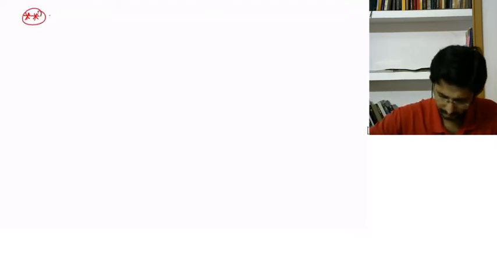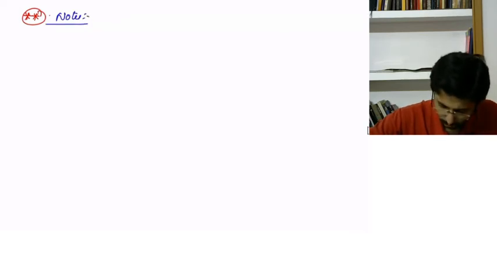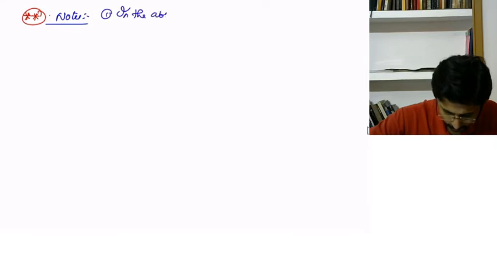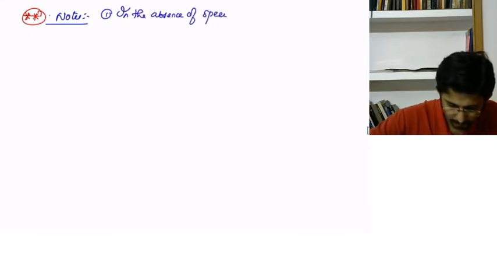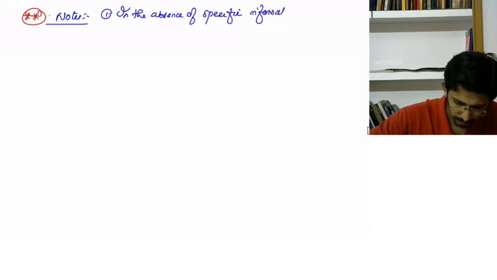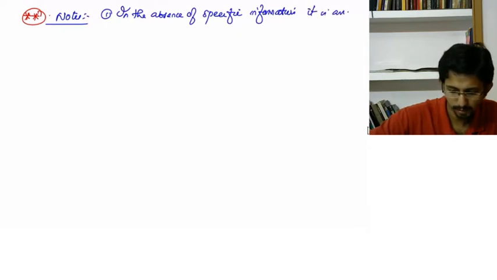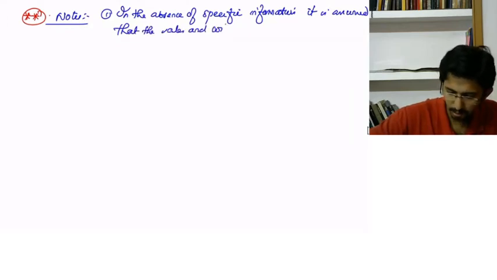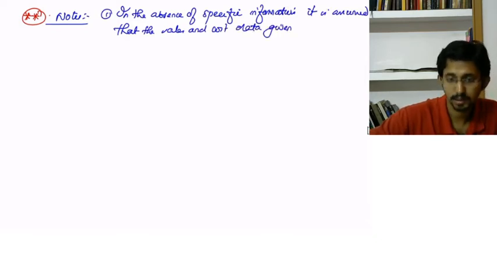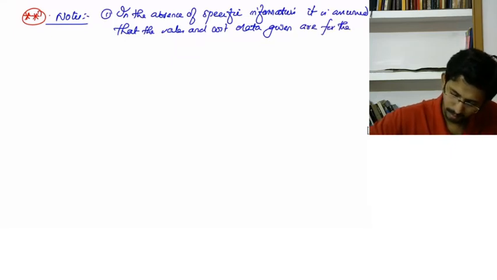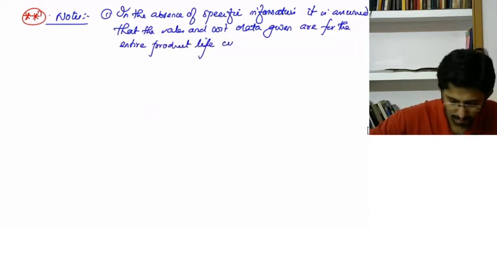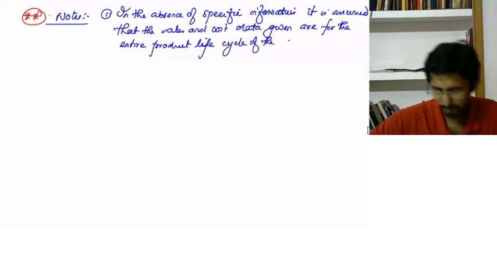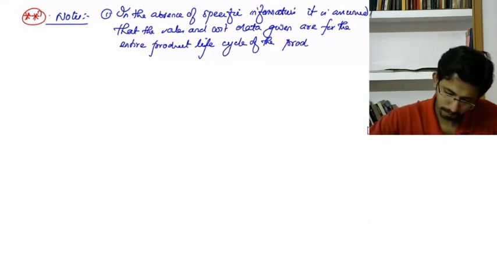Certain assumptions have to be noted. Note number one: in the absence of specific information, it is assumed that the sales and cost data given are for the entire product life cycle of the product.